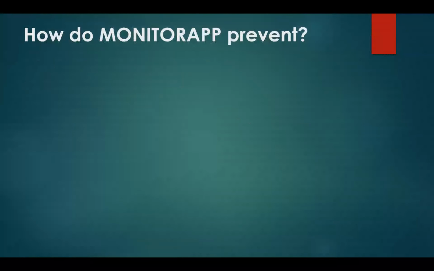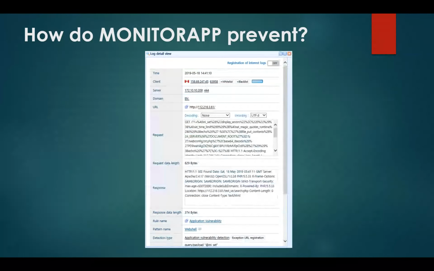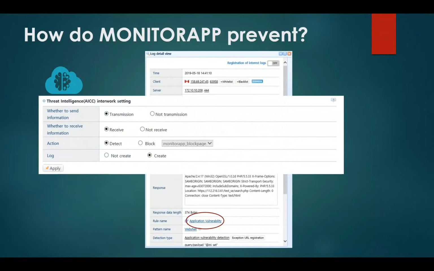How does Monitorapp effectively prevent these risks? We have several security policies that can defend against these risks. First is application vulnerability. With this policy, we filter after we analyze all the web traffic from outside attackers or outside users' requests, and we can also connect to our own threat intelligence called AICC in Turkey.